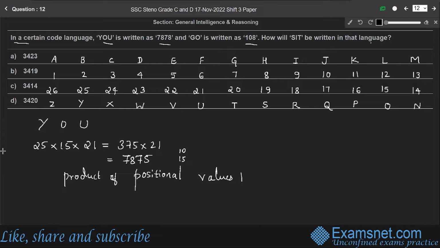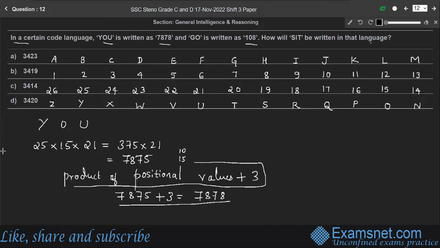So plus 3 becomes product of positional values plus 3. It becomes 7875 plus 3 is 7,878. So here the logic is the product of their positional values plus 3 gives you the code. So the code of each word is the product of their positional values plus 3.